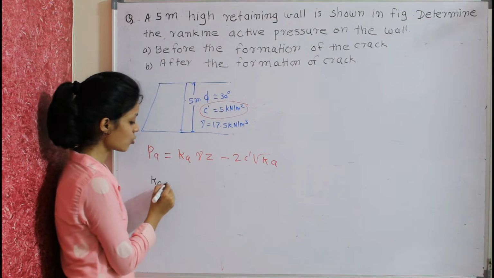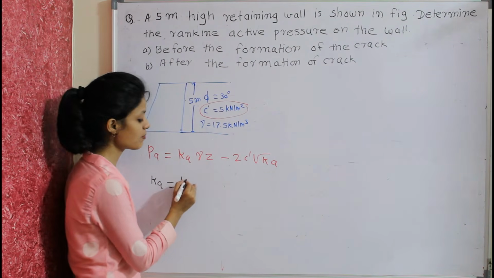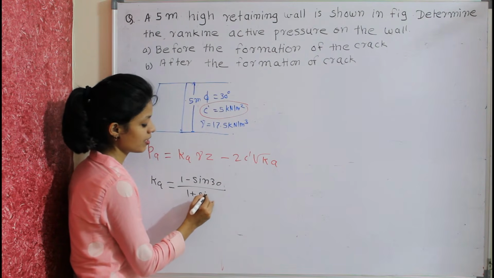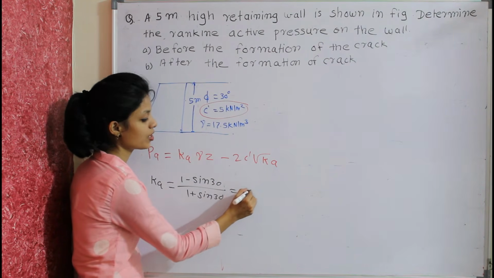Ka, the coefficient of active earth pressure, is (1 minus sin phi) upon (1 plus sin phi), equal to 0.333.